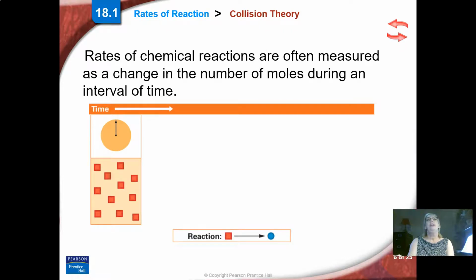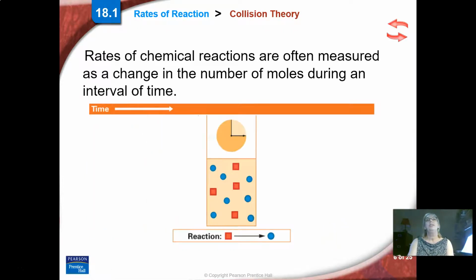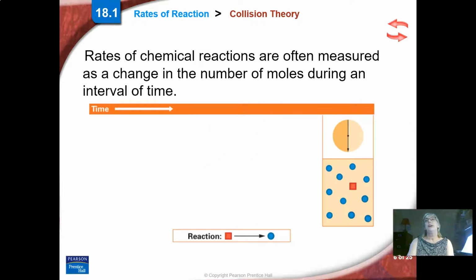If we were looking at the number of moles changing from reactant to product, we could measure how long that takes to happen in moles. So here's time changing, and we have reactants changing to products. So we can measure that rate, how fast that's happening.